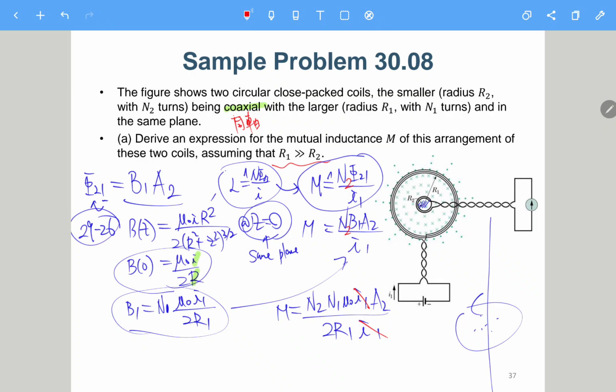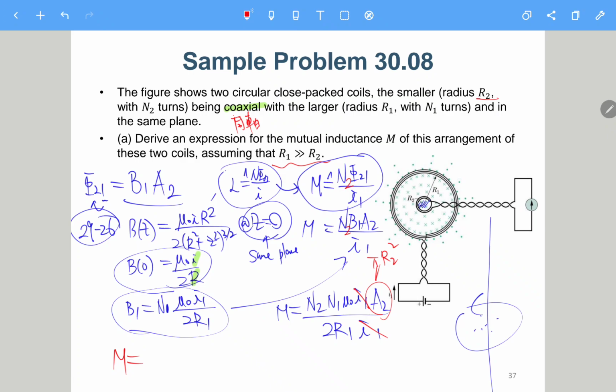So the expression here is M equals, and also we have A2. A2 is unknown, but the known value is R2, so A2 should be pi R2 squared.